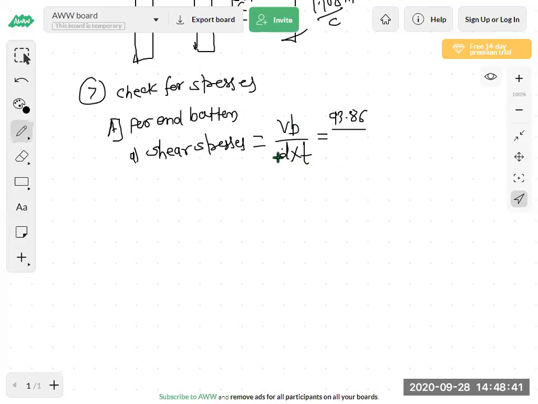93.86 divided by D, depth of section. So depth of section means depth of end button. How much depth of end button have we calculated? 334. So 334 into thickness 8. So calculate the answer.